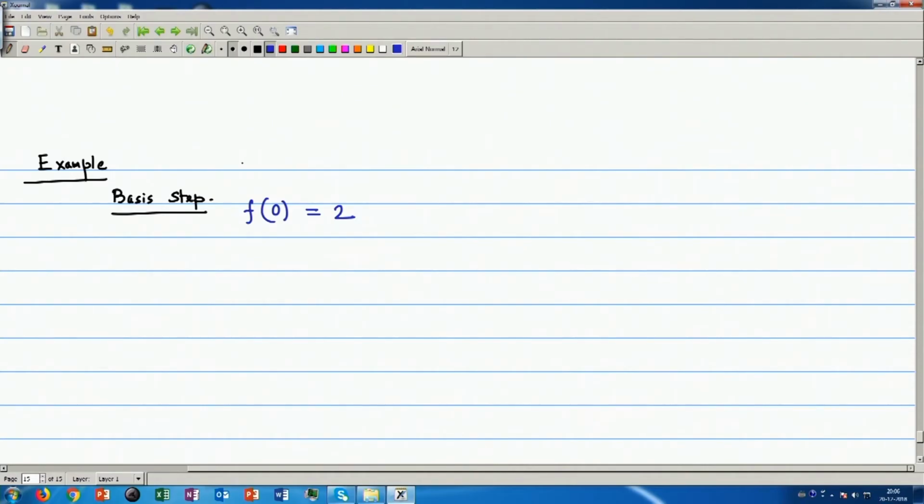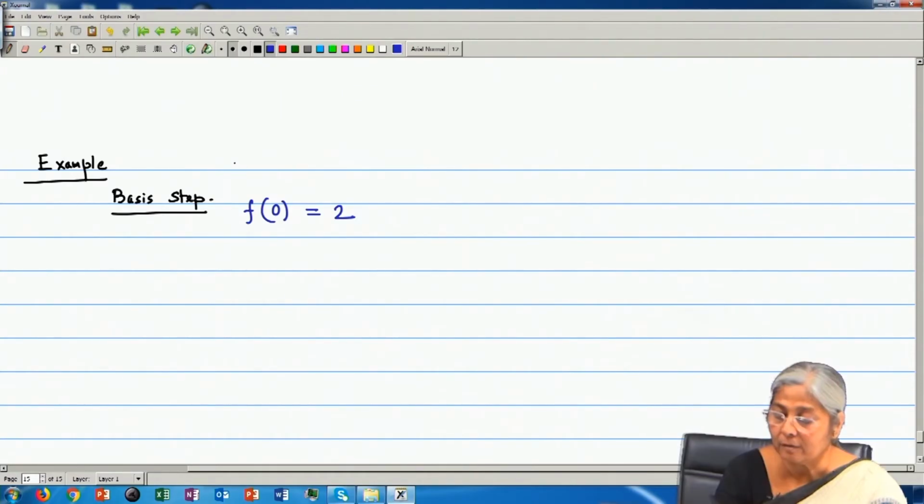Here also I am considering for this example the domain is set of non-negative integers.